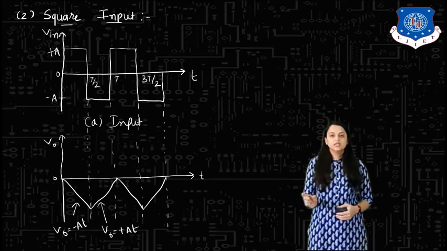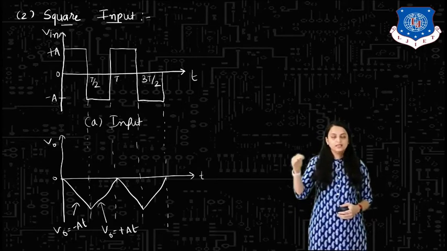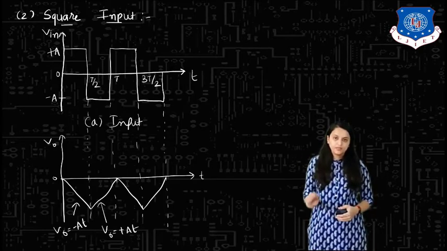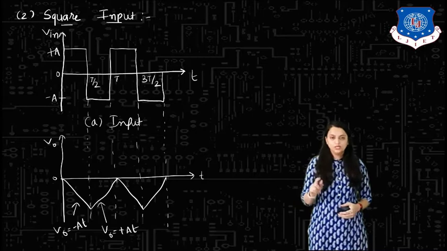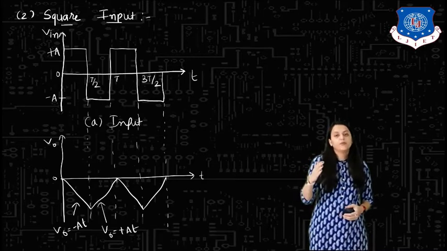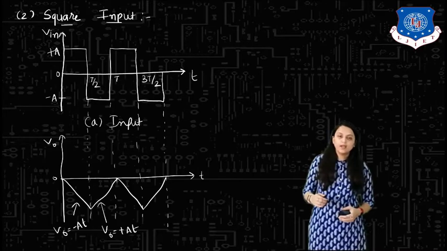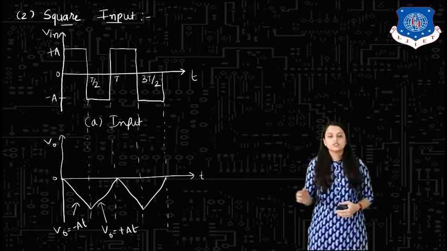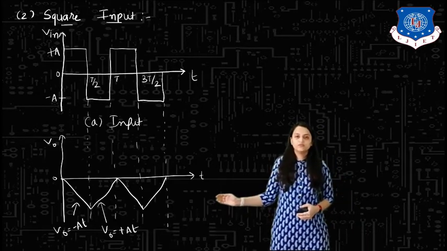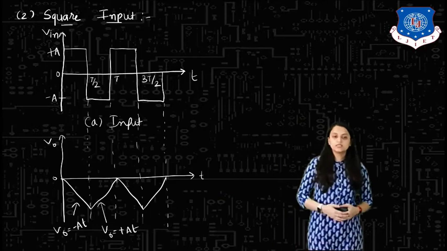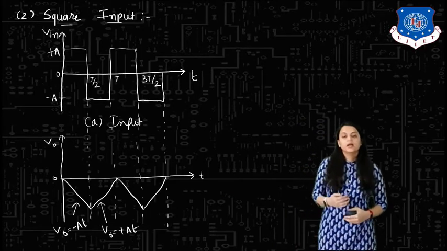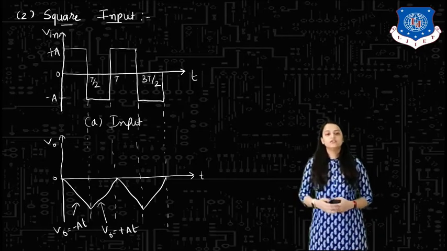If we consider the interval 0 to T by 2, the amplitude is A, so the output will be Vo equals minus AT/2. Then in the interval T by 2 to T, the output will be Vo equals plus AT/2, so it will be positive values. Likewise, it will go minus, plus, as shown in the figure. So, this is the output for the square wave input. As you can see, whenever we give the square wave input, at the output side we get a negative triangular wave output.